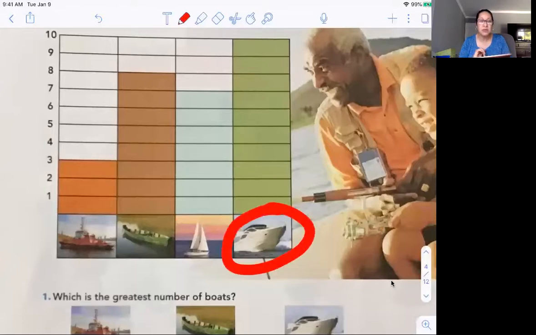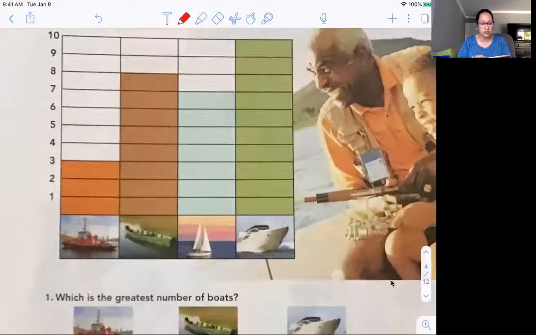Now, this is a speedboat. Those go super fast, right? They're fun. And those have a special kind of motor and engine, and boom, it just goes super fast through the waves. And those are for people that love to just speed, right? Those must be fun to go on too. Okay, so now you have 4 kinds of different boats, understand?